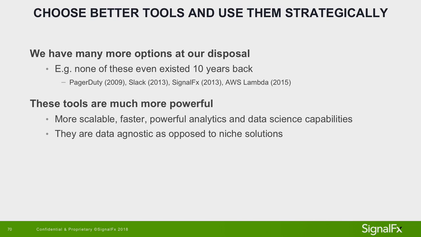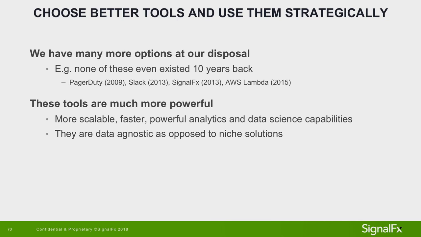And the reason I consider these tools good and powerful is that they are generic platforms. They are not niche solutions. PagerDuty can be used for so many different use cases. Similarly, metrics do not have to be metrics about compute. I can have business metrics or social metrics, as I talked about. These are generic platforms that are usable for many different use cases.